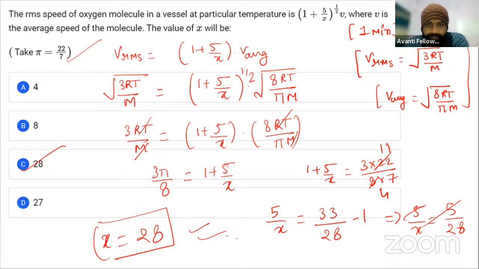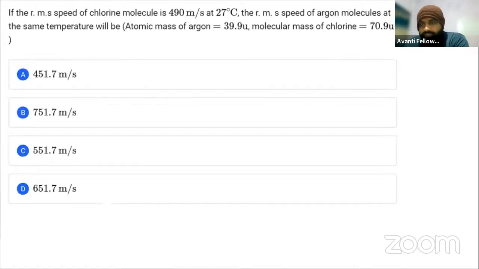Now move on to the next one. Yeah. The same concept we have. Now RMS speed is also given to you. The same question has been asked on RMS speed. And now try to solve this.